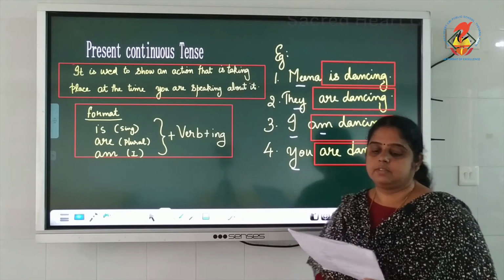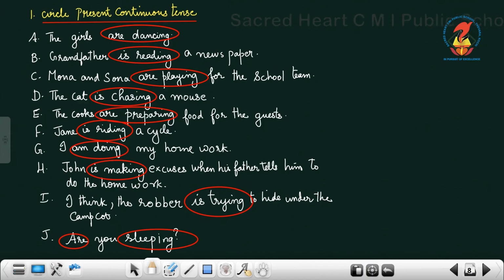Present continuous tense. Okay. So, the first one, the girls are dancing. The girls, it's plural. So, girls plus are plus dance plus ing. Girls means plural. Grandfather is reading a newspaper.